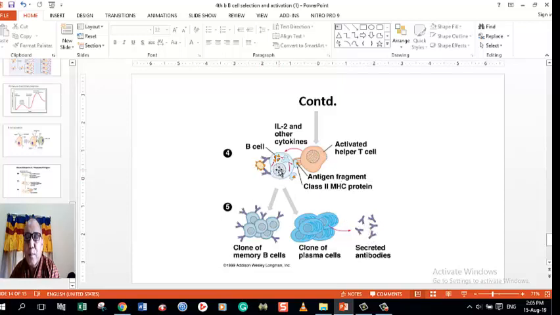So what happens is the B cell initially activates the T cell. T cells produce chemicals that will activate B cells, and B cells produce memory cells as well as plasma cells. Memory cells can be kept for the future encounter. In case of any encounter, it will instantly produce the antibody IgD, whereas the plasma cell instantly produces IgM.